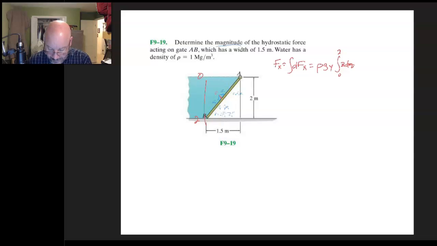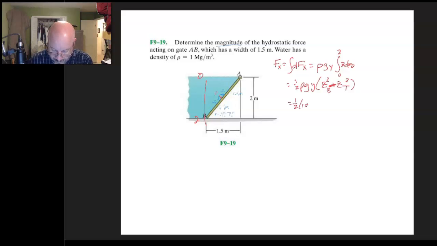And so then that turns into one half rho g y times z at the bottom squared plus z at the top squared. I mean, not plus, but minus. Turn that into a minus. So we plug in our numbers.